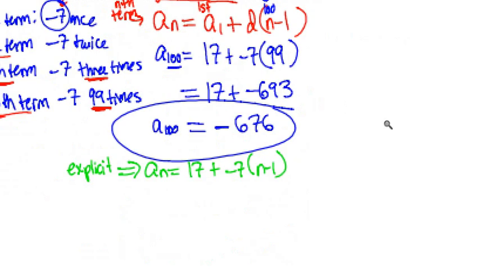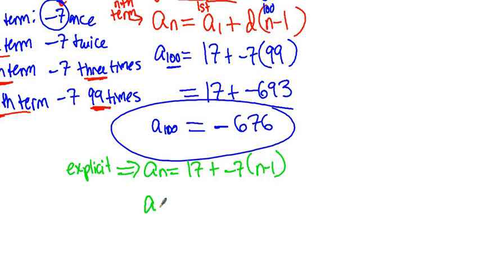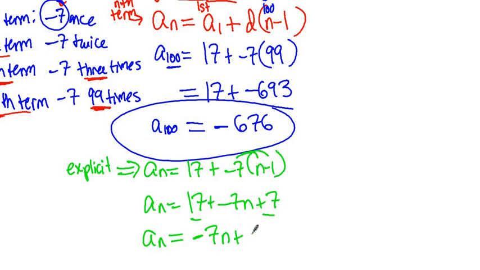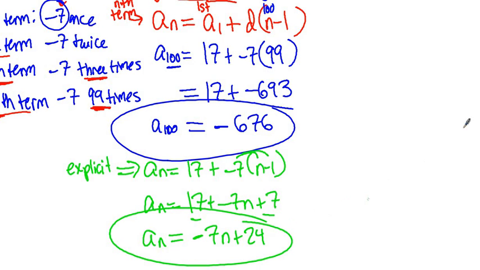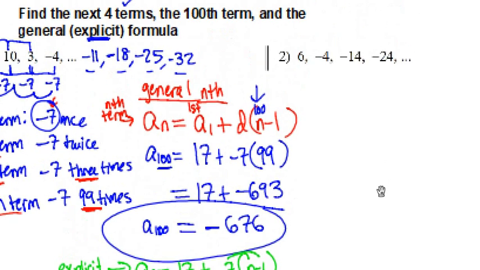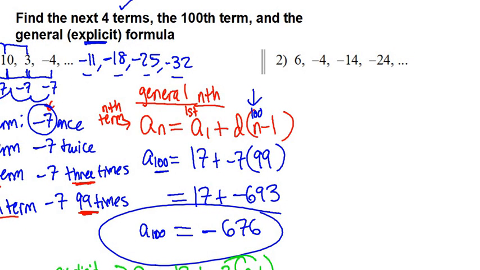And one way that you could simplify this, you don't have to do this, but if you want to, you could do 17 plus, and then let's just distribute the negative 7. So negative 7n, negative 7 times negative 1 is positive 7. And so we would have negative 7n, 17 plus 7 is 24. So now this formula can be used for absolutely any term that we want in that sequence.